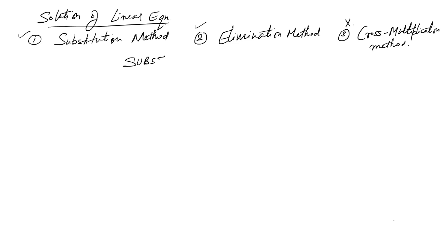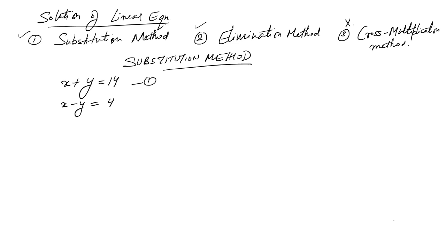It is very easy method. Suppose we have equations x plus y is equal to 14 and x minus y is equal to 4, right? Let these be equations 1 and 2.